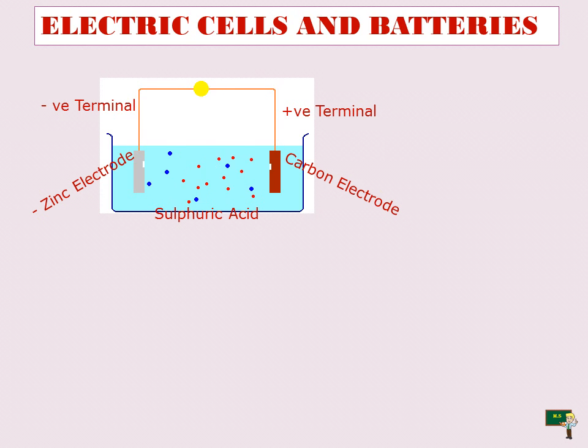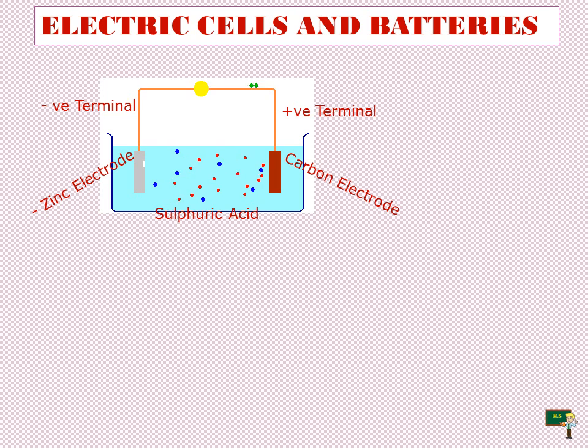This electrolyte, sulfuric acid, generates the electricity here. Actually, electricity is the flow of electrons through a conductive path, like a wire. The path is called a circuit.